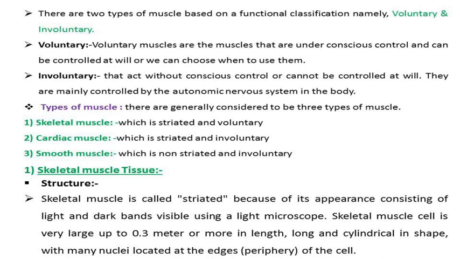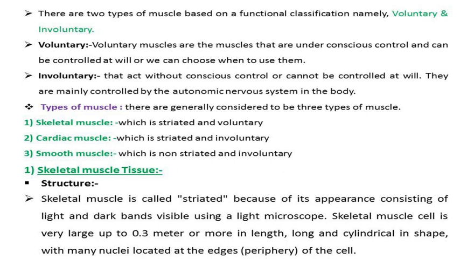There are generally considered to be three types of muscles, as already discussed: skeletal muscles, which are striated and voluntary; cardiac muscle, which is striated and involuntary; and smooth muscles, which are non-striated and involuntary. Let us discuss them one by one. First is the skeletal muscle type.